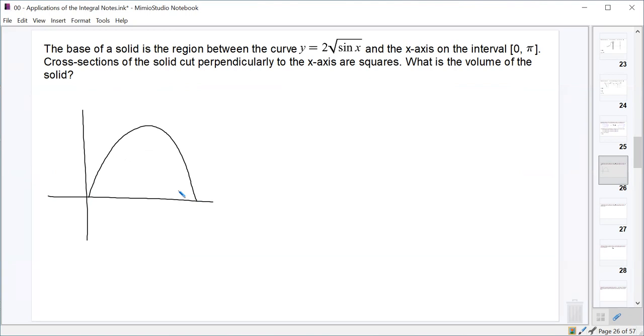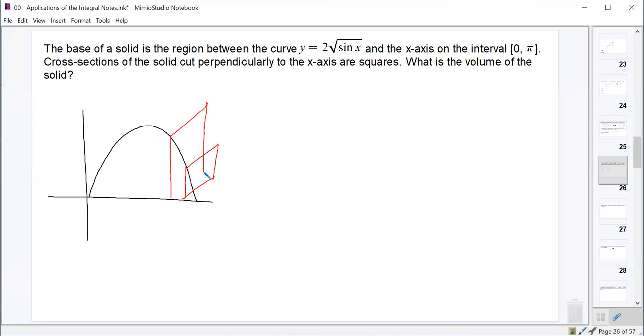And then coming straight out of the screen at you is going to be the geometric solid. If we were to slice it perpendicular to the x-axis, no matter how we did that, we'd be looking at faces that were squares when we opened it up. So I'm going to do my best to draw some little squares sort of protruding out of here.